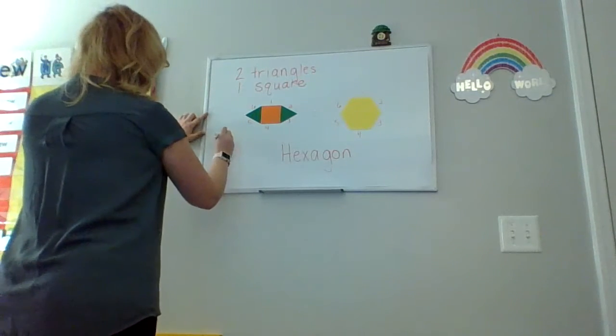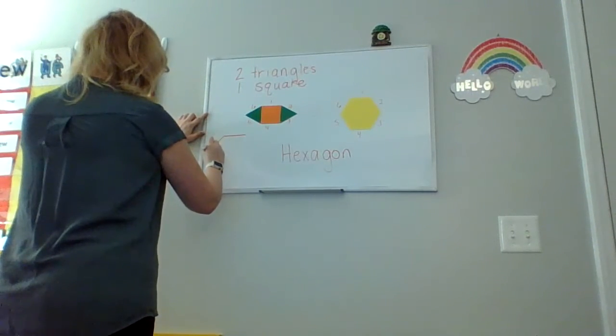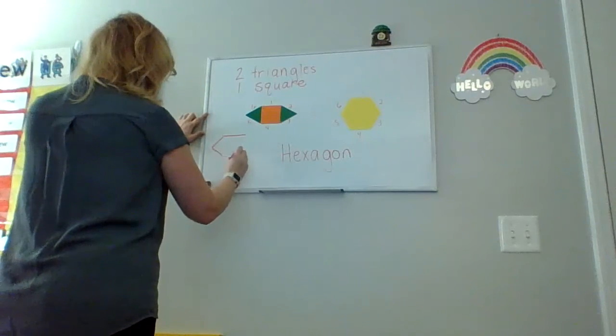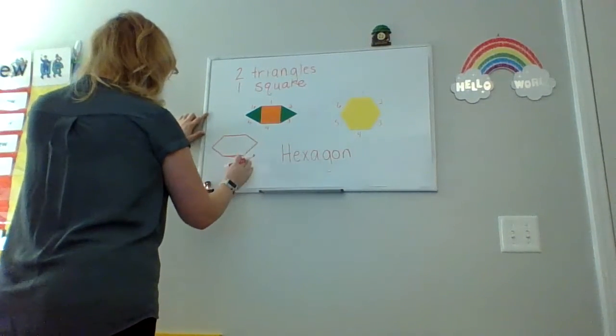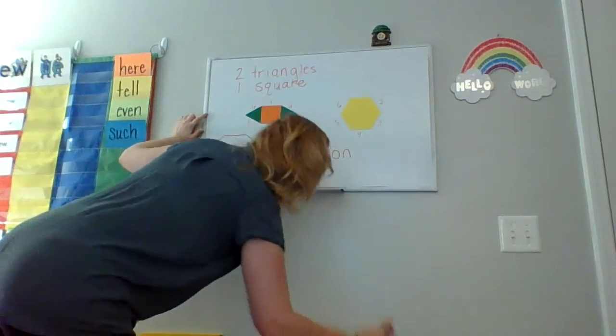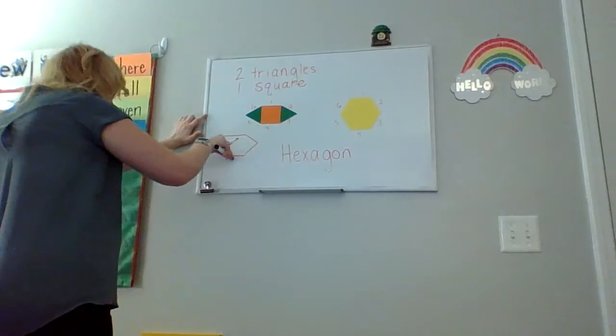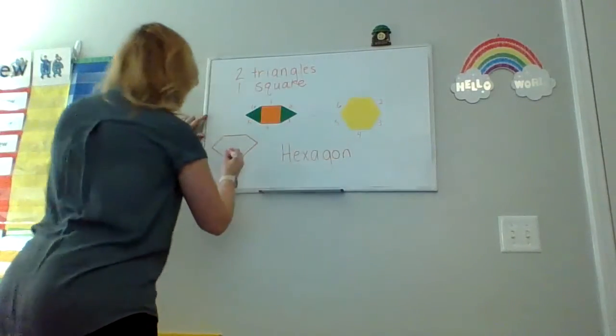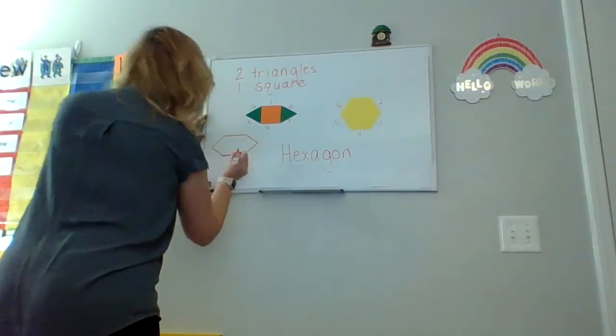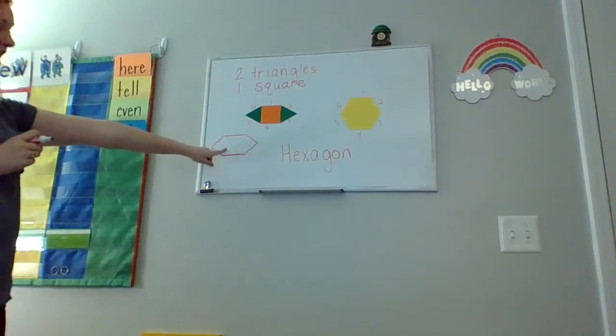So like you have your triangle, that's not very straight. Okay, so by doing that, erase. Okay, you still have a hexagon.